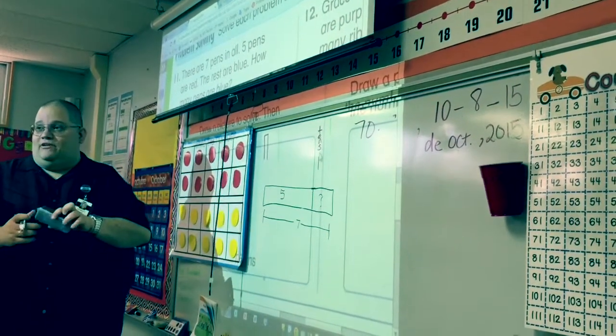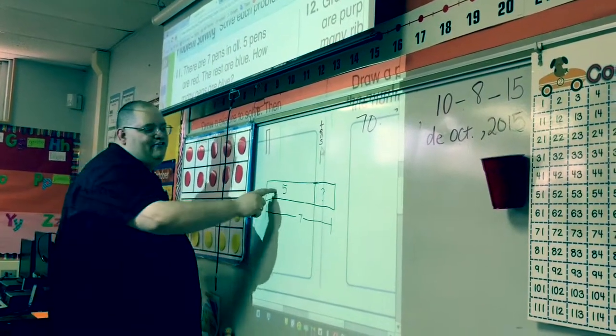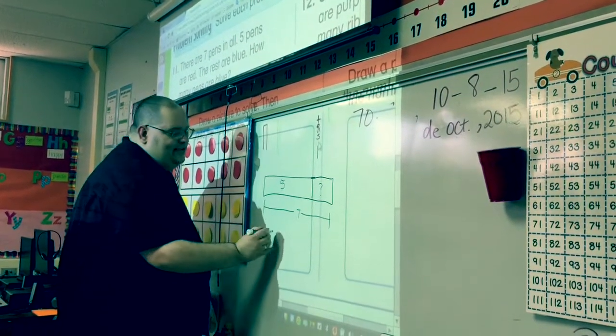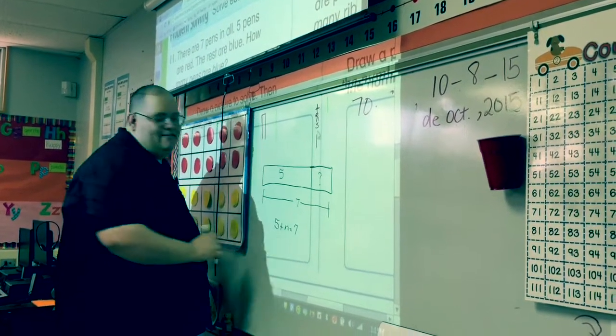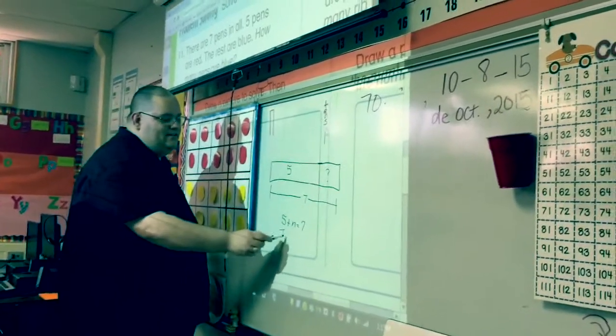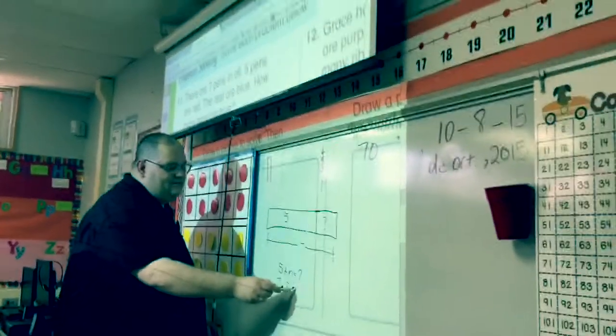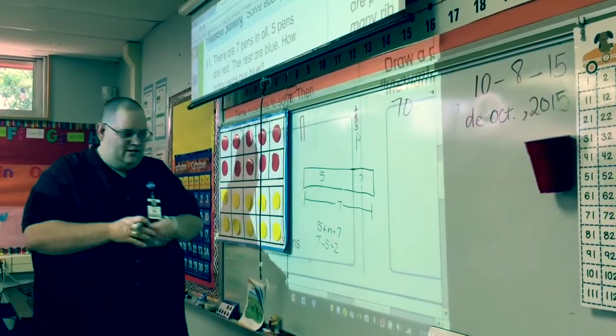That would have been what I would have done to make it look that way, right? So then I would have 5 plus n equals 7 is my equation, right? And to solve, I have to do 7 minus 5 equals 2. Does that make sense? Right.